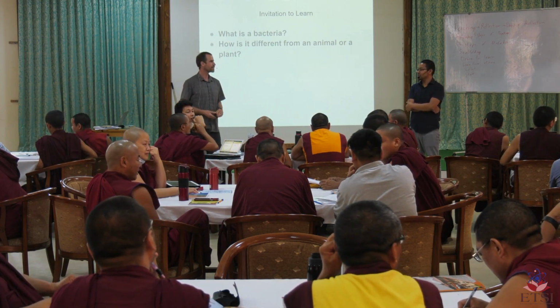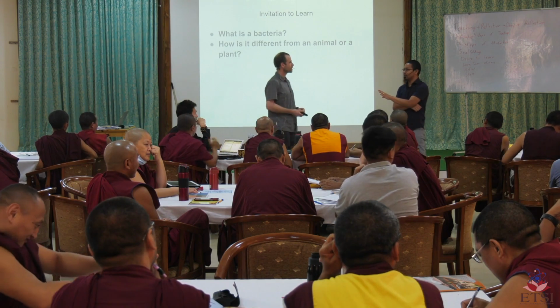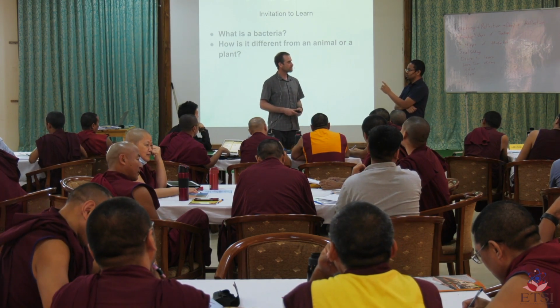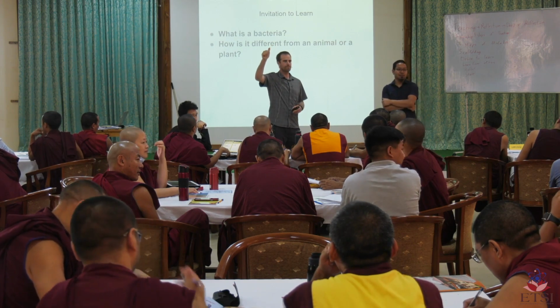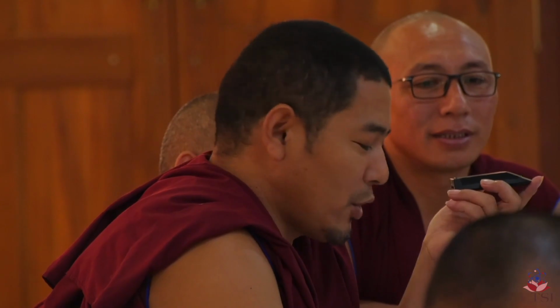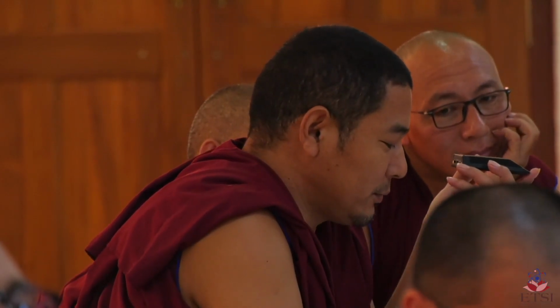They find 5 differences. The first ones they don't have a nucleus, and they are single cellular, and they have no cell membrane, cell wall. It depends on other organisms to survive.